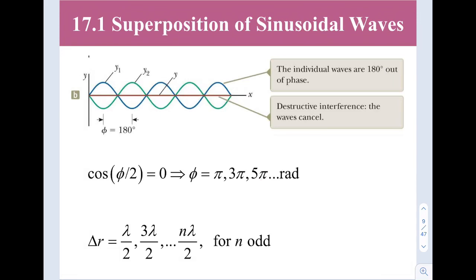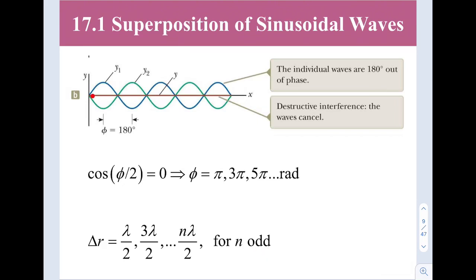Then the path difference between the two waves, y1 and y2, is equivalent to lambda over 2, because one of them reaches crest, the other one reaches trough. So they differ by half a wavelength, and also 3 times half a wavelength, and so on, where n is an odd number.